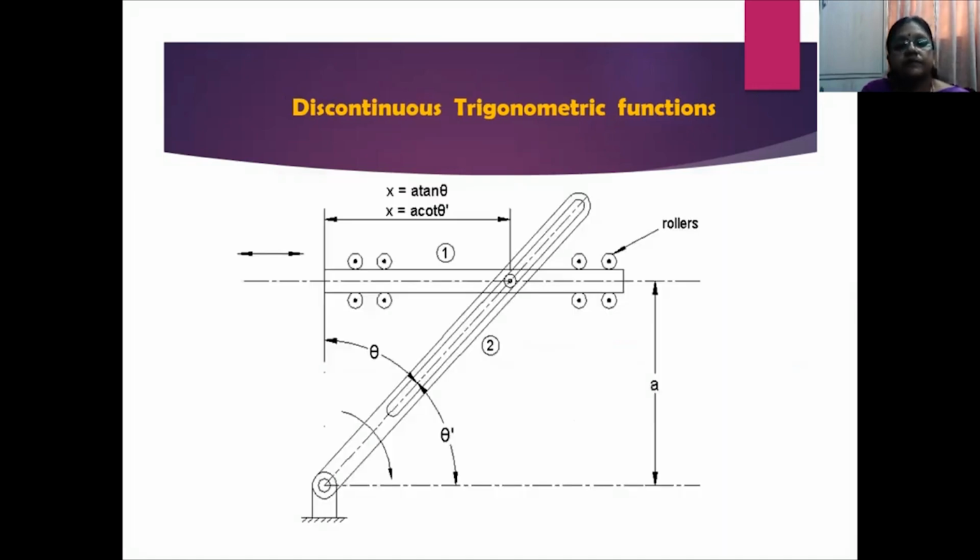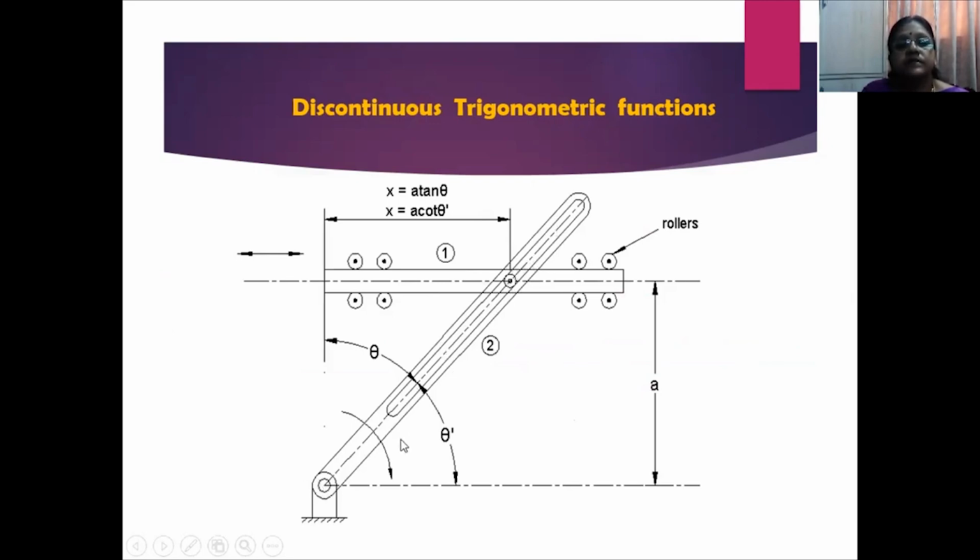Look at the mechanism. You have a bar on a roller moving in a horizontal direction, and there is another crank-like link which is pivoted here, and this is a fixed pivot.